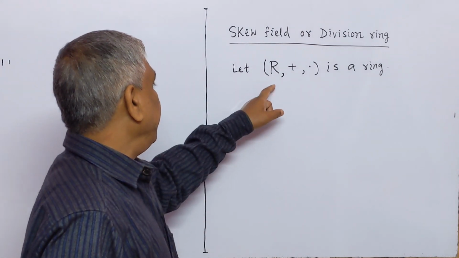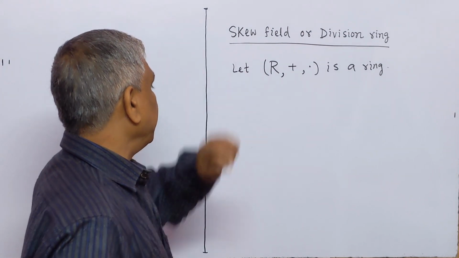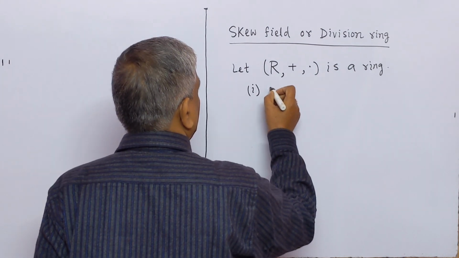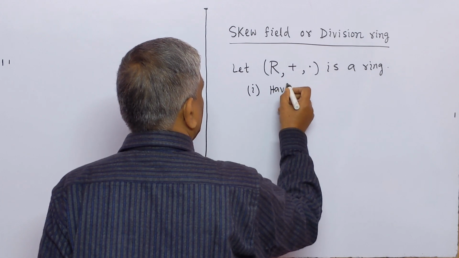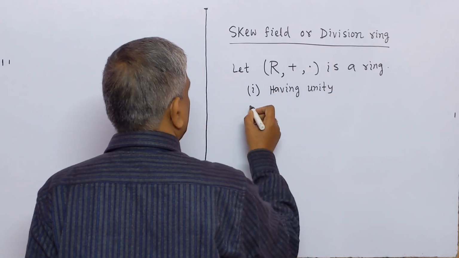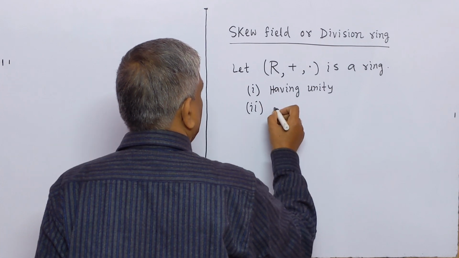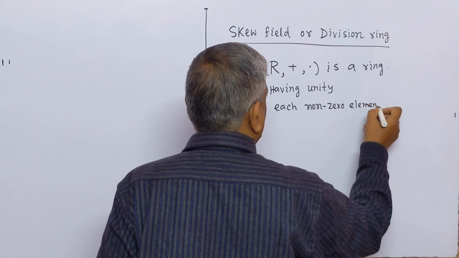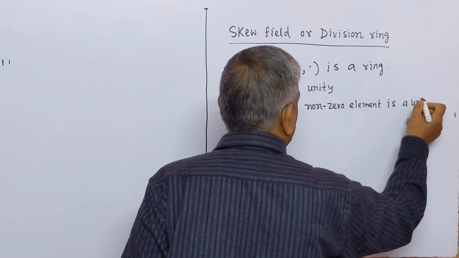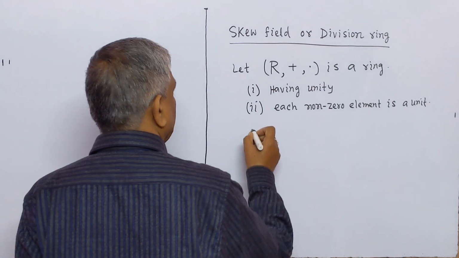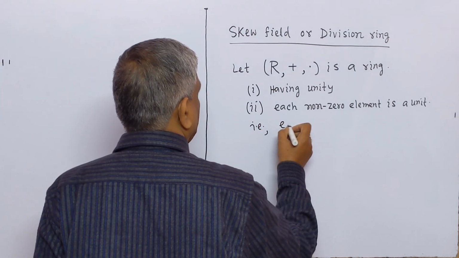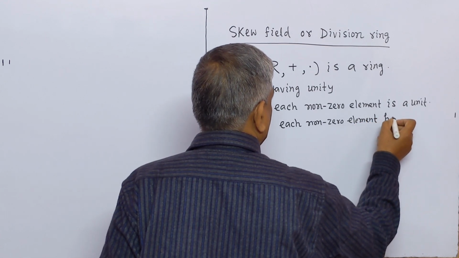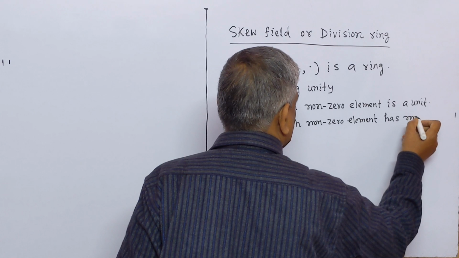If we add some properties to this ring: number 1, having unity. Number 2, each non-zero element is a unit, that is, each non-zero element has a multiplicative inverse.